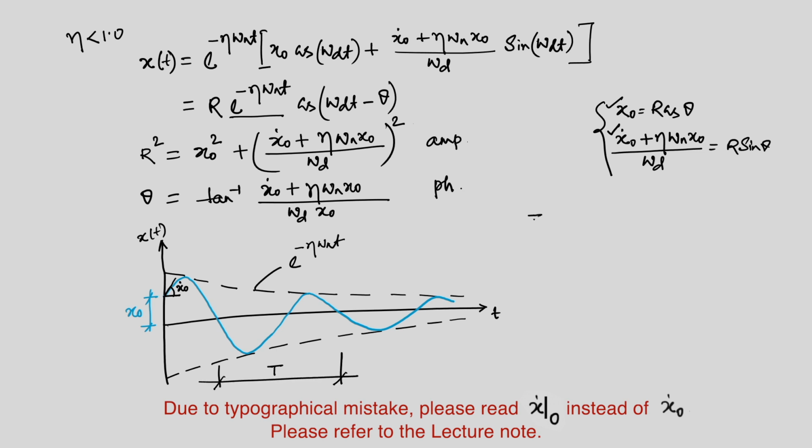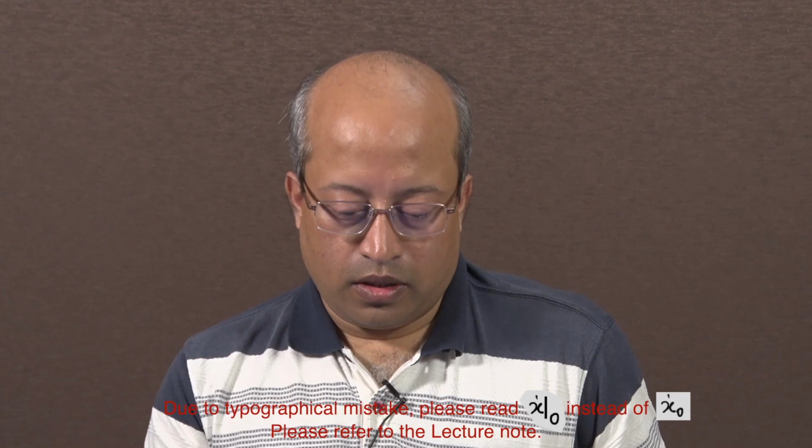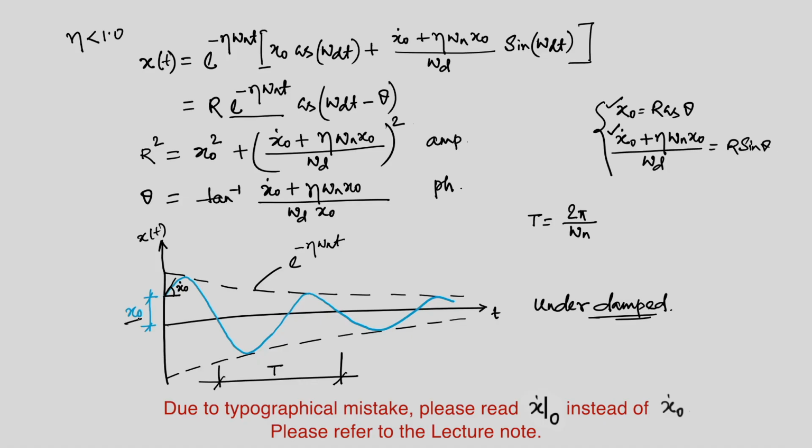If you recall, t is equal to 2 pi by omega n. So, in this case we have underdamped vibration because of these initial conditions x naught and x naught dot, that is the displacement and velocity at t equal to 0.